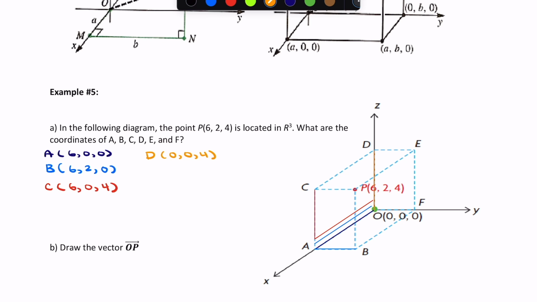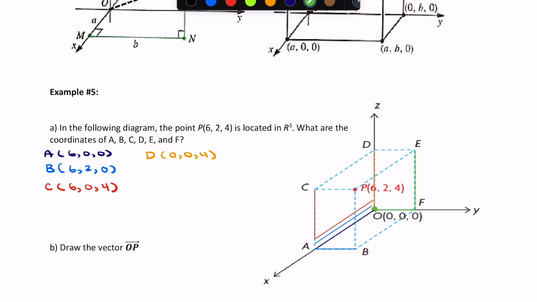So look at E, again, doesn't move anything on the x, but then moves, again, units on the y. So that would be 2 units on the y, and it moves 4 units on z.